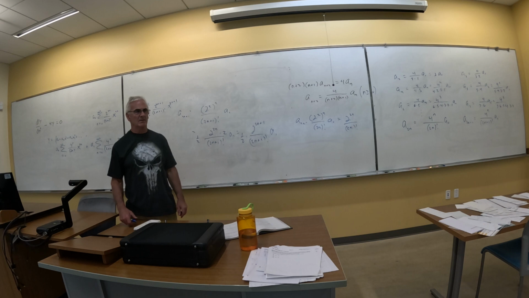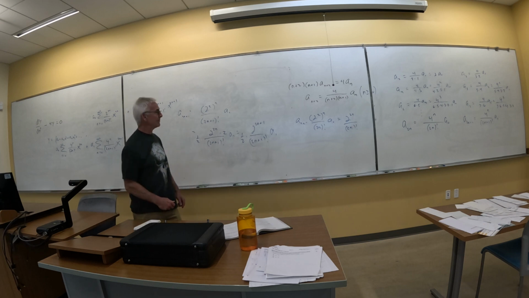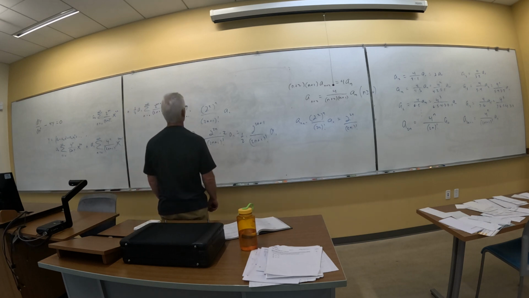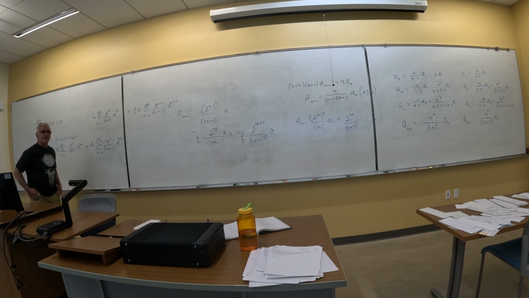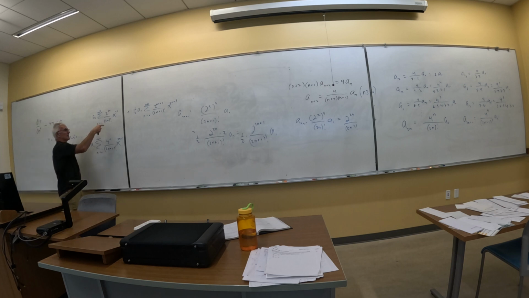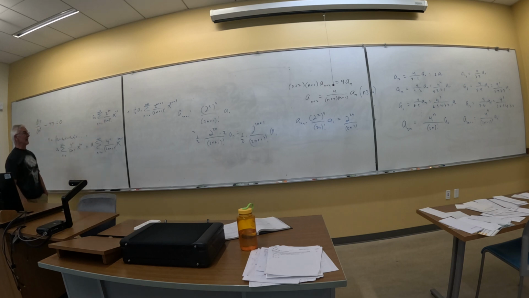This newest step that we got to here, now they're starting to look like, if you called 2n another variable m, we have x to the m over m factorial. Well, not exactly, because you are skipping numbers, but I know what you're saying.